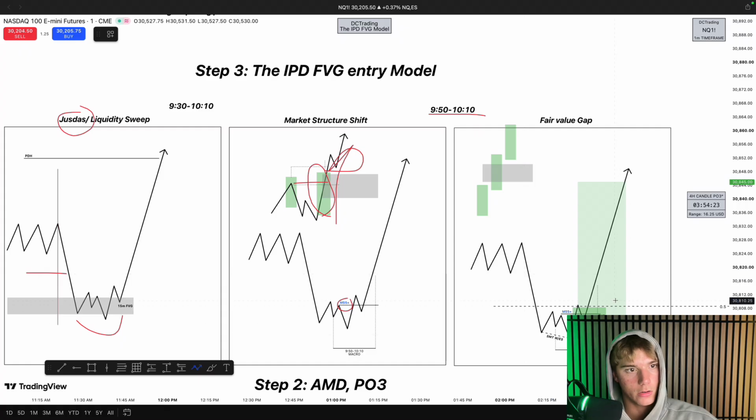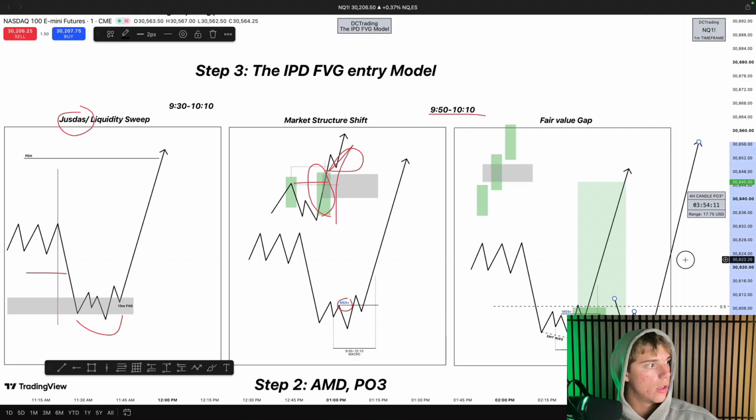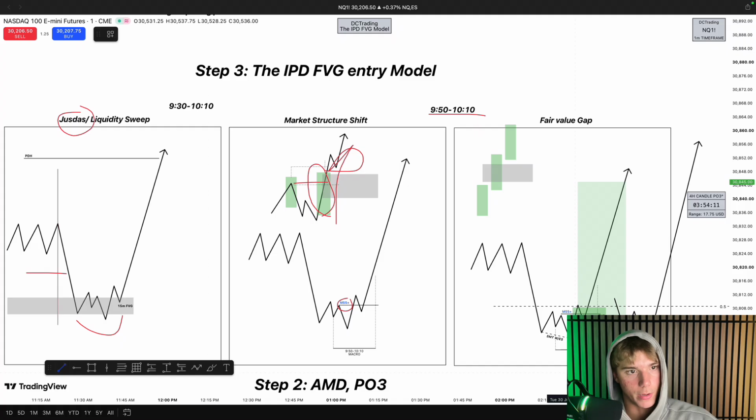We have our move down, but let's say this is on ES and one's on NQ. And then we have this, right? Our SMT would be at the bottom of these lows before our IPD FVG entry model where the market structure shift and the fair value gap, where NQ or ES has taken out a low, as you can see this low right here and this low right here, and then the other pair has not taken out that low. That is going to be one way that you can use an SMT divergence.